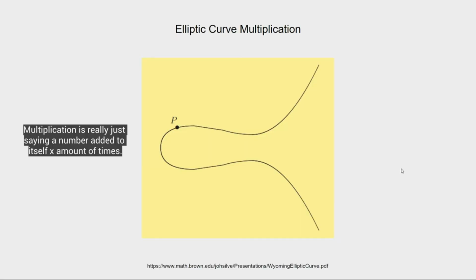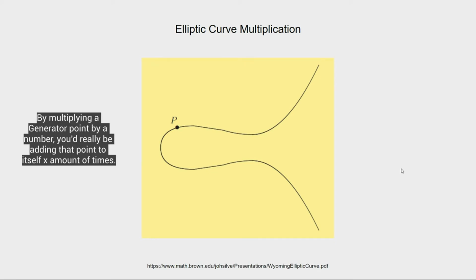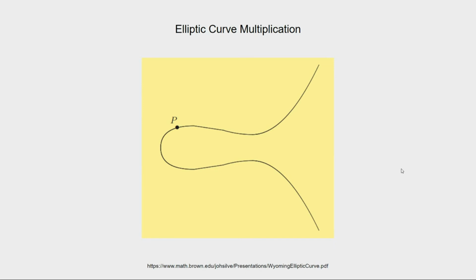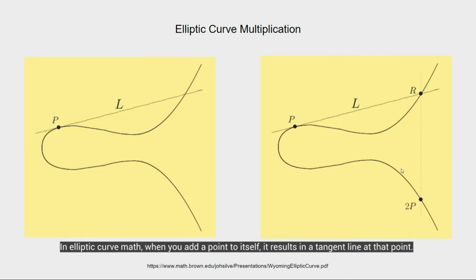Multiplication is really just saying a number added to itself a number of times. Same thing with elliptic curve multiplication. By multiplying a generator point by a number, you would really be adding that generator point to itself. And in elliptic curve math, when you add a point to itself, the resulting line is the tangent line at that point.